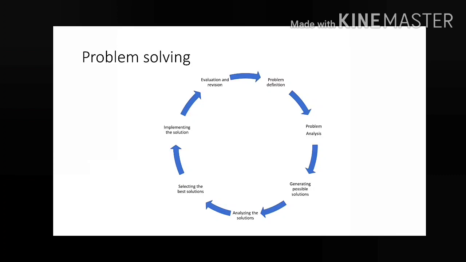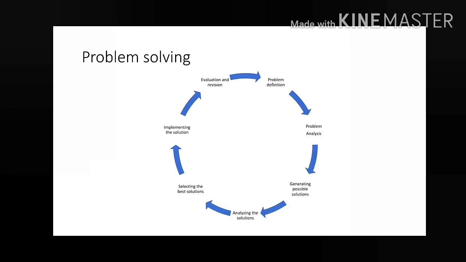Now let's come to the next step, that is the problem analysis. What you have defined, now you have to analyze which of these problems you should find a solution for. The first problem was the financial burden. It is a problem because if you don't have money you will not be able to purchase anything nowadays. The second problem was the health issue.